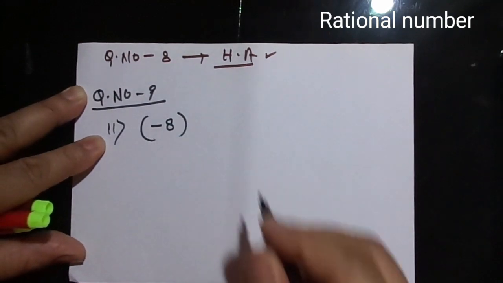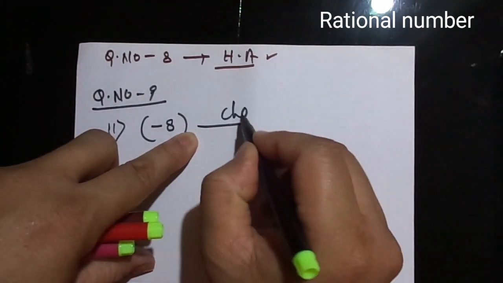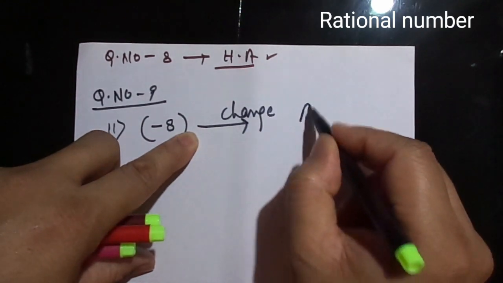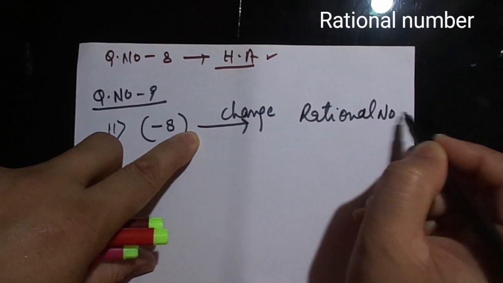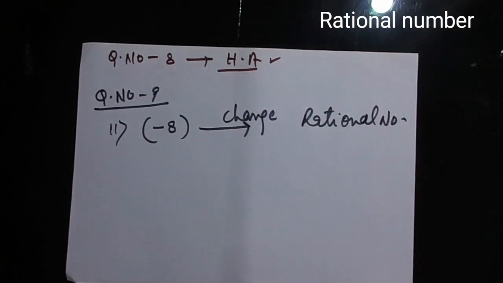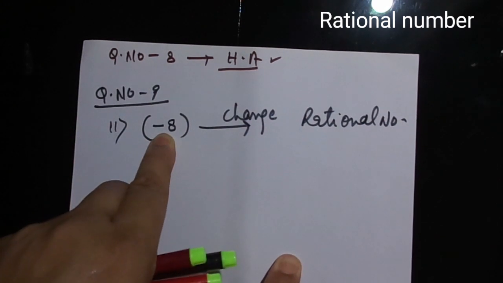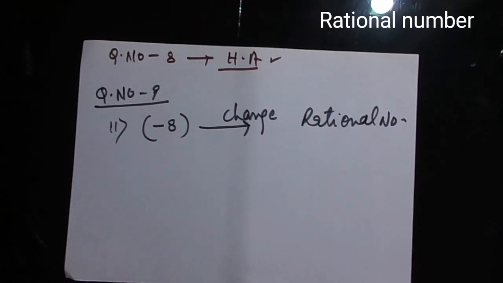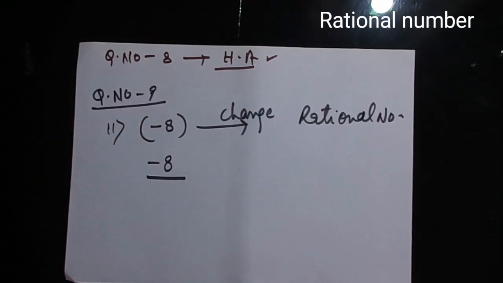This is an integer, and here you have to change it into a rational number. And what is the condition? They say that this minus 8 should have a denominator 7.